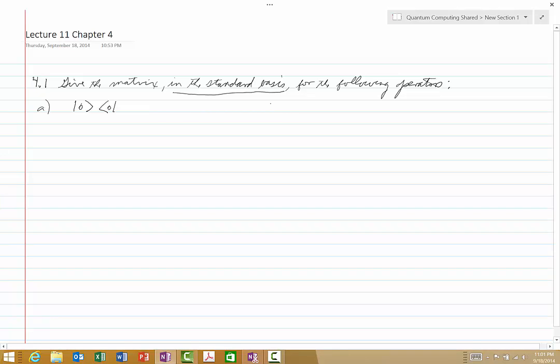What I mean by this is that for this standard basis we're talking about the kets 0 and 1 in that order. 0 is the first ket, 1 is the second ket. And the reason that's important is the following.